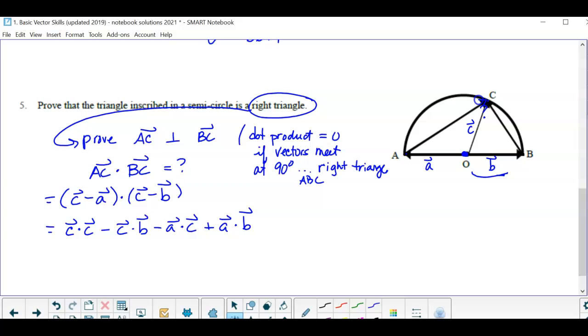So B will equal the opposite of A. Magnitudes of all of these will be the same. That might help us in a bit. So B is negative A.